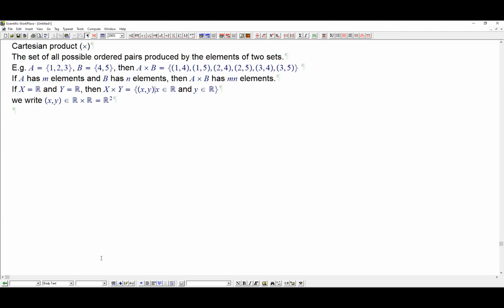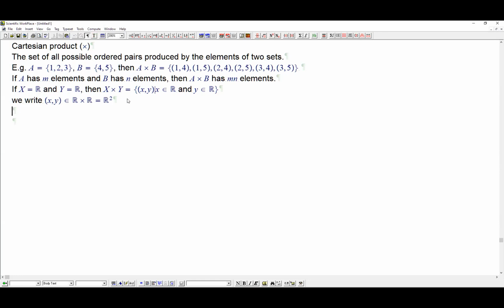So when we see something is in R squared, we're using this notion of Cartesian product. It's an element of this larger set, which is a combination of all the possible numbers that X can take, which is R, and all the possible numbers that Y can take, which is also inside of R. So we just write it inside of R squared.